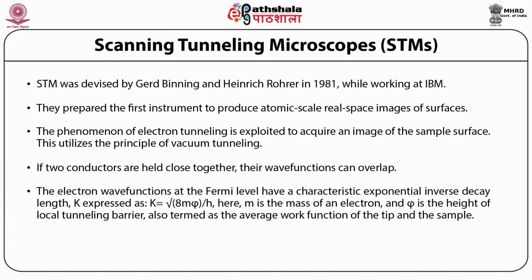Here, m is the mass of the electron and phi is the height of the local tunneling barrier, which is also termed the average work function of the tip and the sample. The schematic of electron tunneling through a potential barrier in STM, along with the band diagram, is shown in figure 2.